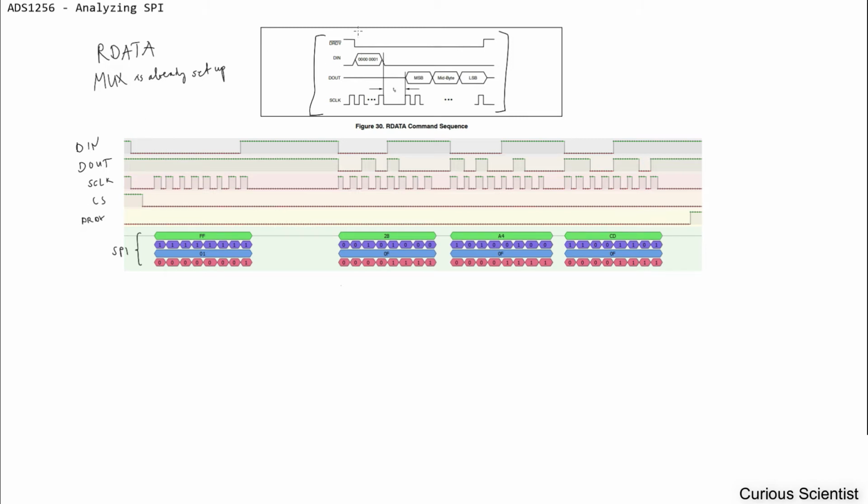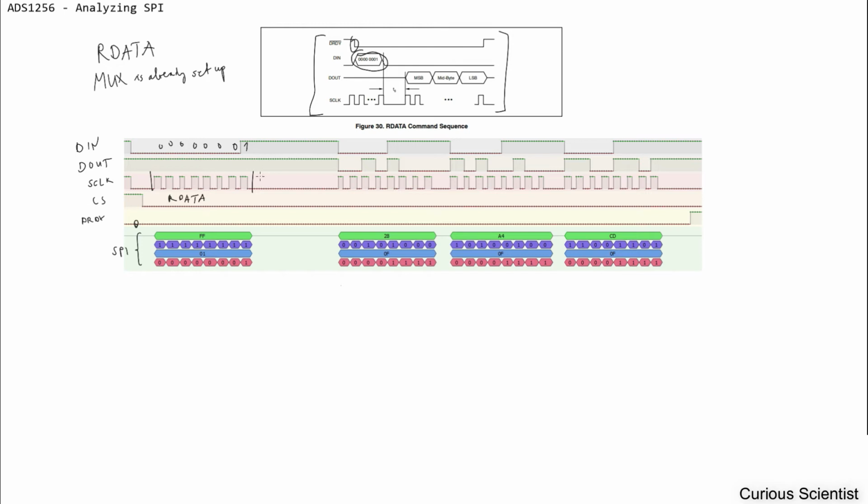So this sequence says that if the data ready goes low, which is already low here, then we can send this command, and you can see that this command is already sent here. So this is the RDATA command up here.